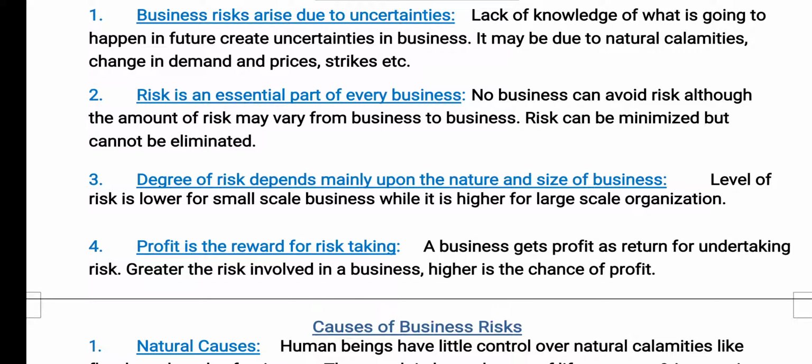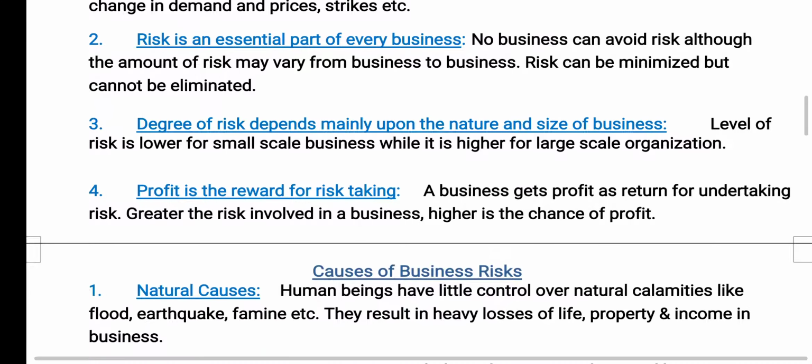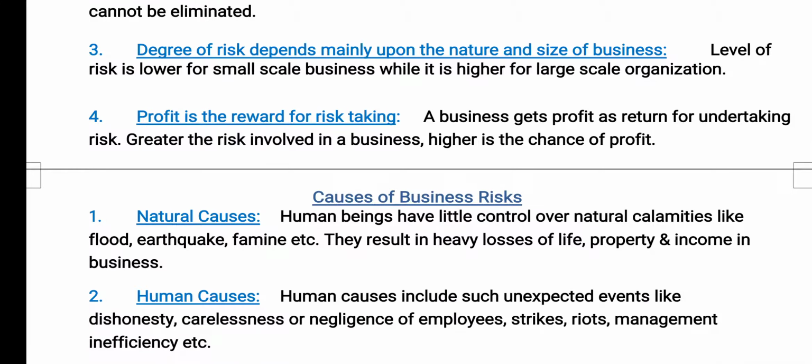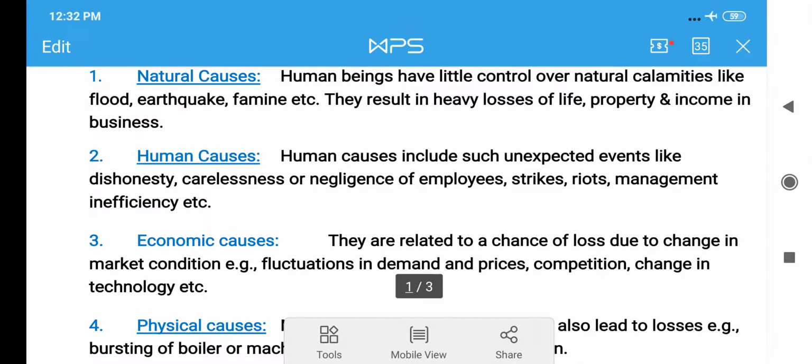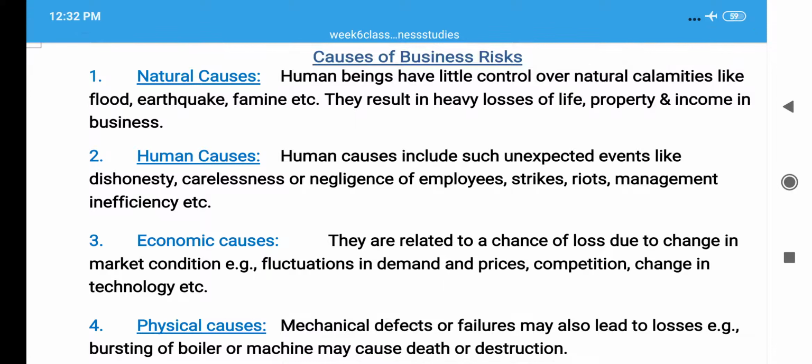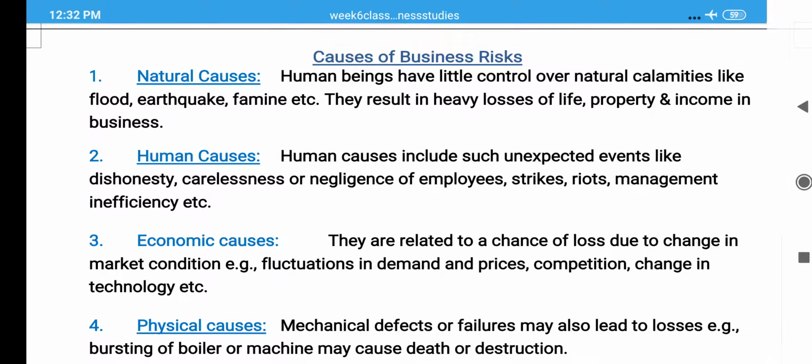So a business gets profit as a return for undertaking risk. Greater the risk involved in business, higher is the chance of profit. So these are the features and nature of business risk, which says that risk is a main part of a business house. Now we will move towards the causes of business risk.